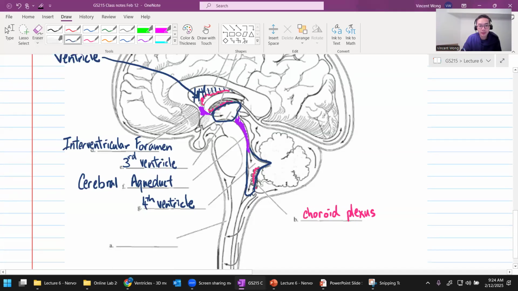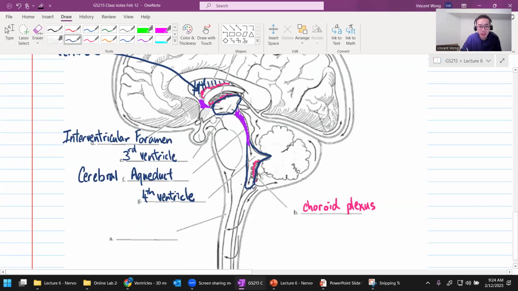And from there, the CSF is going to continue to travel down the spinal cord. This would be the base of the skull, and there is an opening at the base of the skull.